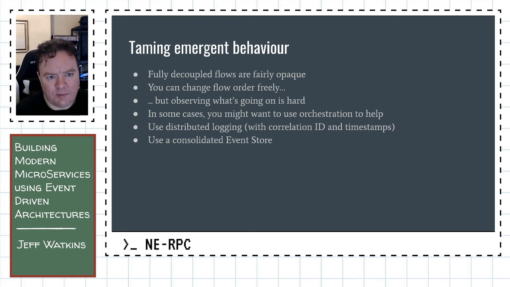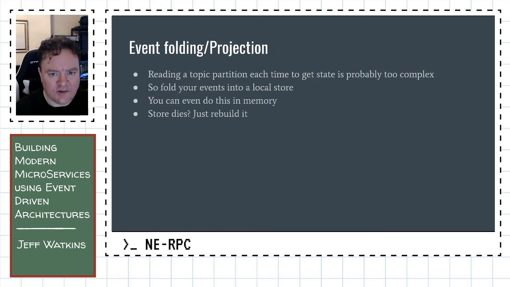The other thing is you can use what we call a consolidated event store. The idea is that reading a topic partition, or a stream partition in Kafka, each time is probably far too computationally complex.